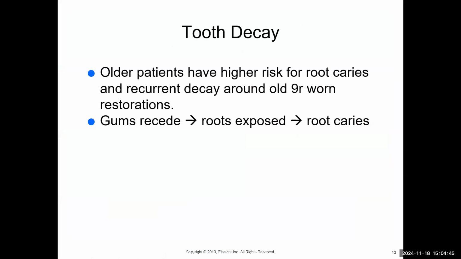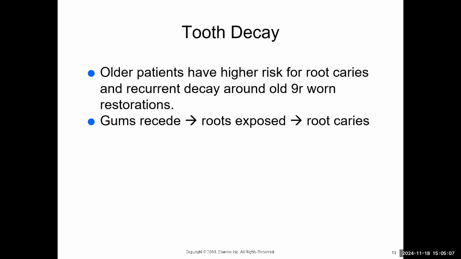Tooth decay, or rather caries, older patients have a higher risk for root caries, okay, and recurrent decay around worn restorations. So the gums recede, the roots get exposed, and so what happens when the roots are exposed? You get root caries. Remember, there is no enamel on roots.